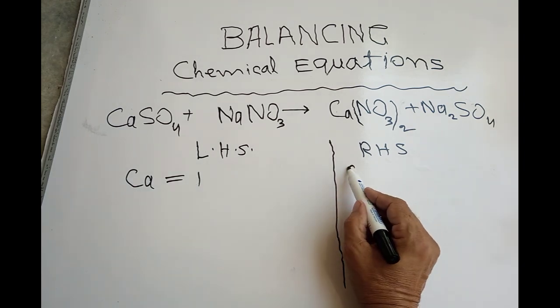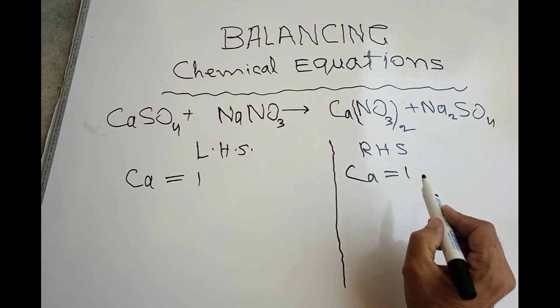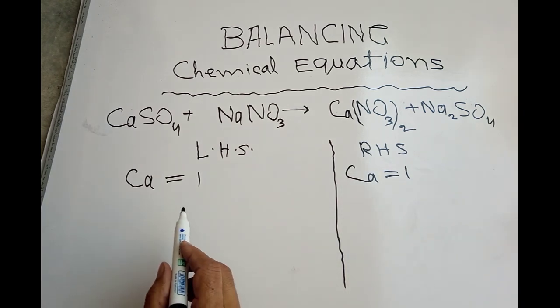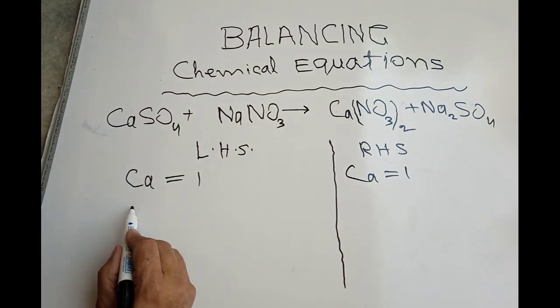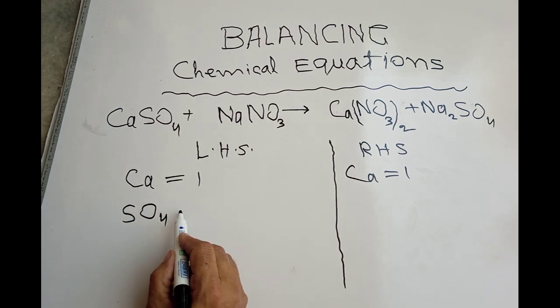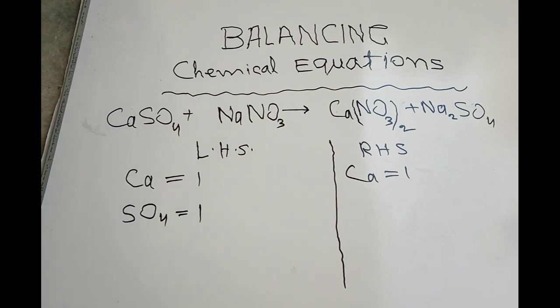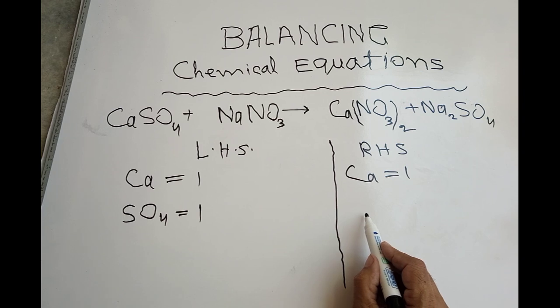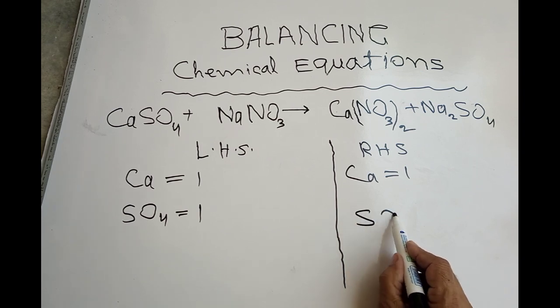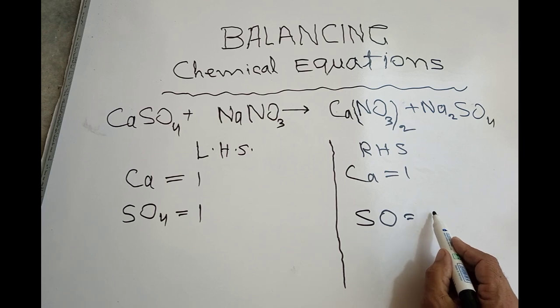On this side, Ca is also 1. Now we come to sulfate, SO4. So we have one SO4 on the left hand side and SO4 on the right hand side is also 1.